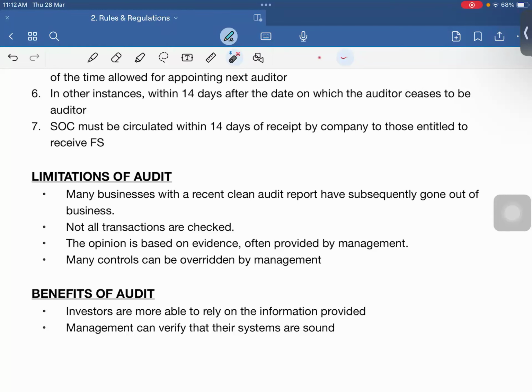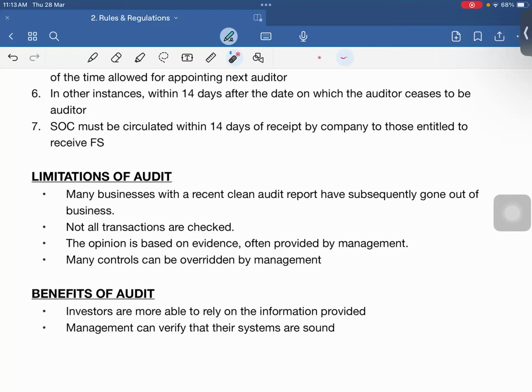So if the auditor is giving a positive opinion over the company, the auditor is also implying that the company is a going concern. So what happens if the company stops just after the audit opinion is released? The public will lose confidence, right?